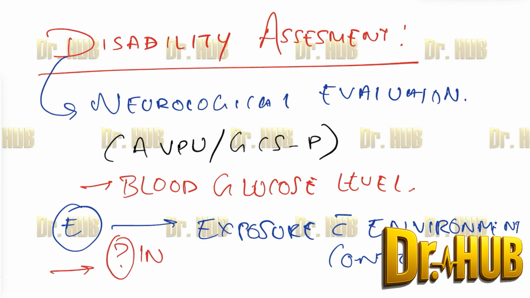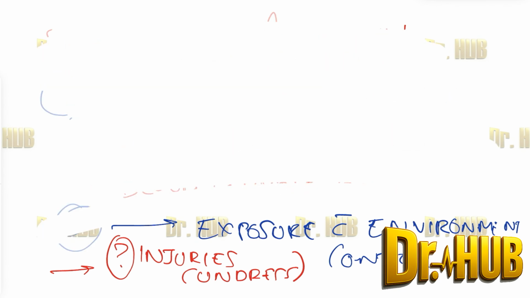So you look for the injuries by undressing, and you also prevent the hypothermia. So we can write that: to prevent hypothermia.